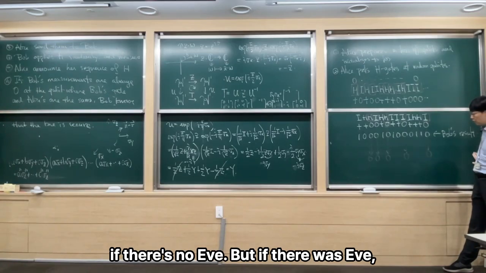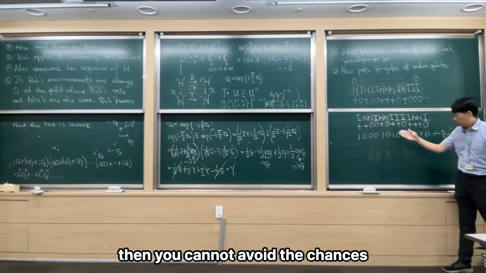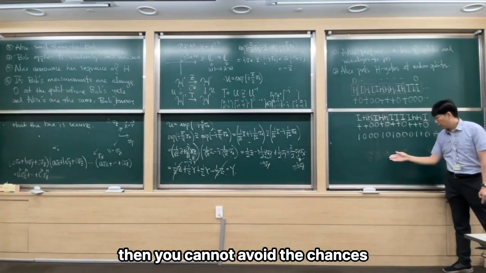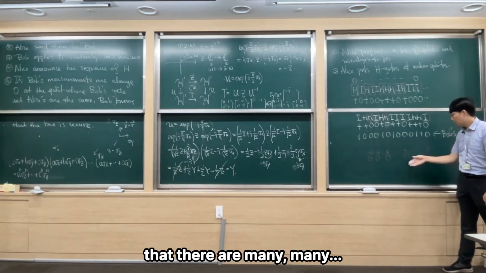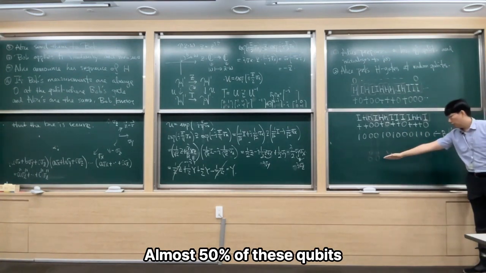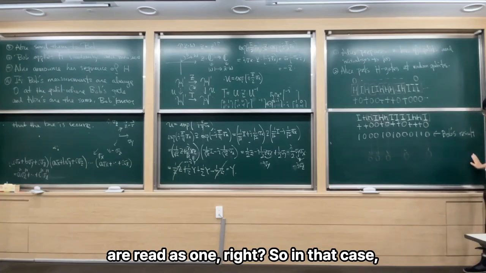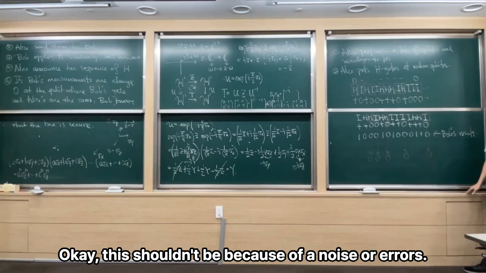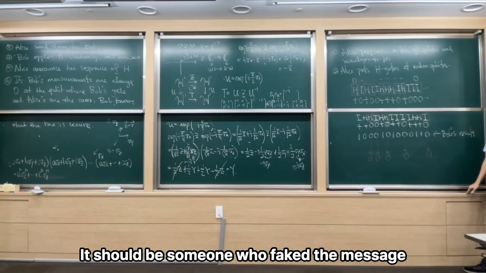But if there was Eve, then you cannot avoid the chances that almost 50% of these qubits are read as 1, right? So you see lots of 1s. This shouldn't be because of noise or errors. It should be someone who faked the message.